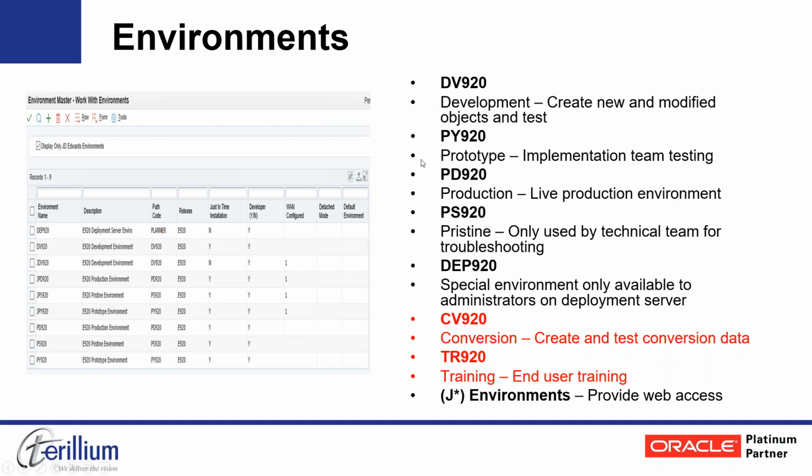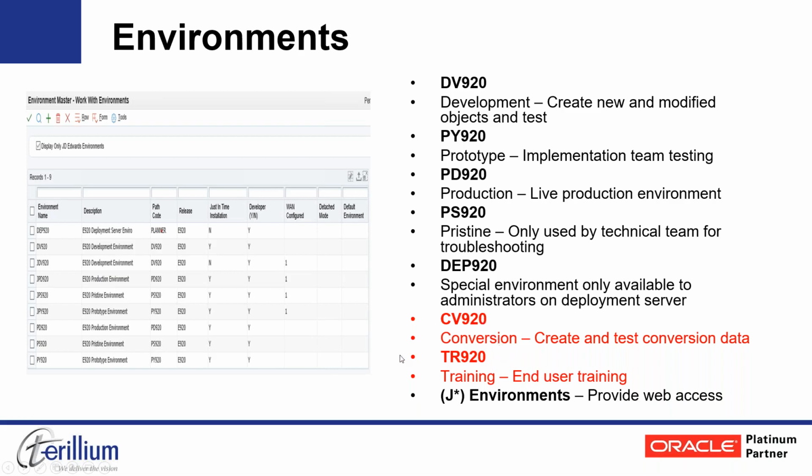Again, we have the standard development, prototype, production, and pristine. There is also a deployment environment listed here. And again, that's accessed only with that planner path code on your deployment server, which we'll be talking about again in the future. And then you should also realize that just because we put in the standard path codes, the CNC aspects of JDE allow you to modify how the system's created.